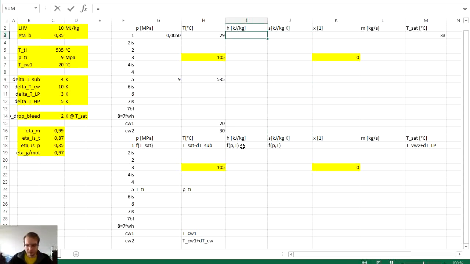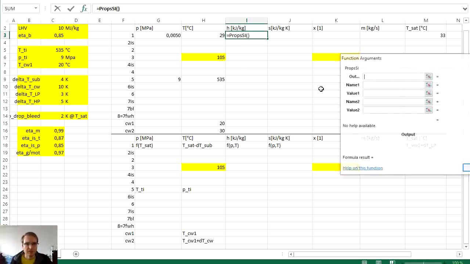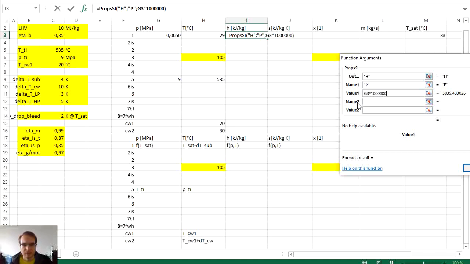So here enthalpy, PropsSI, output is enthalpy with inputs pressure in pascals, and temperature in kelvins.